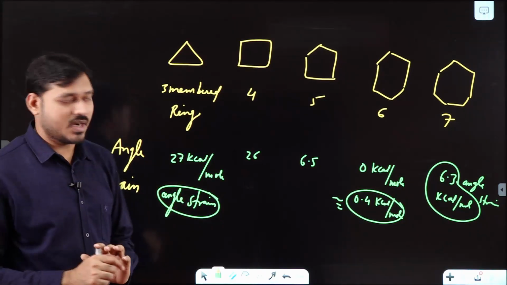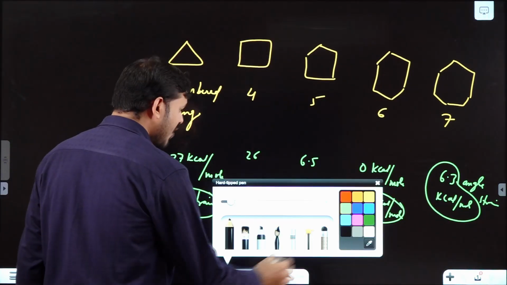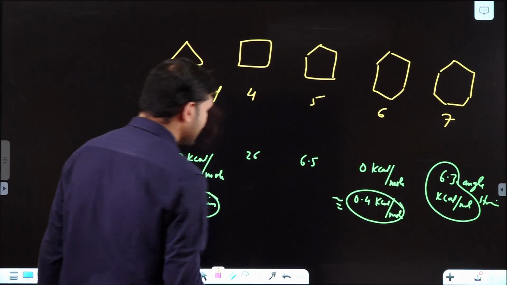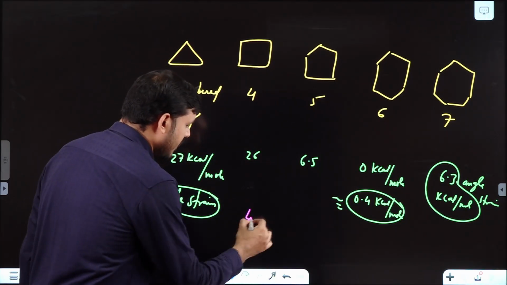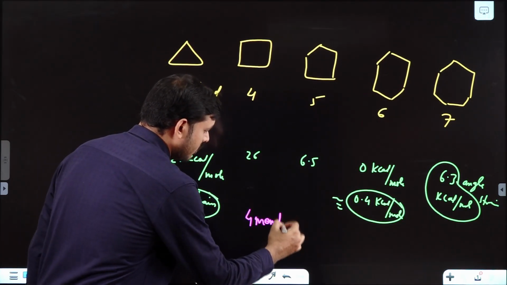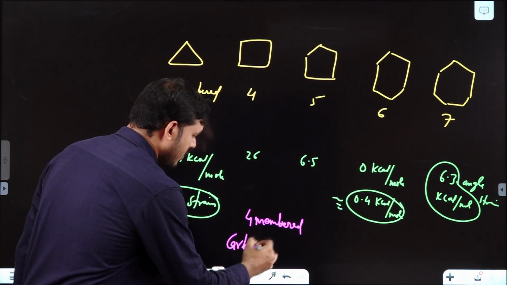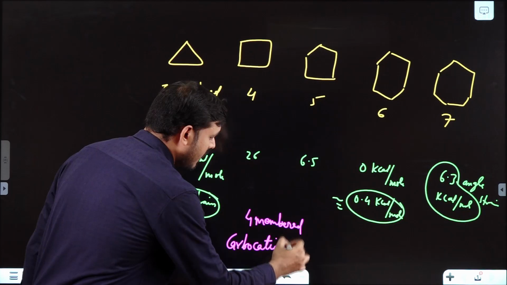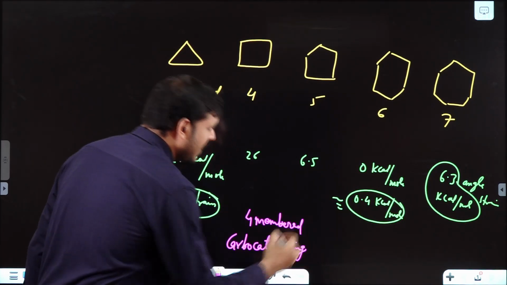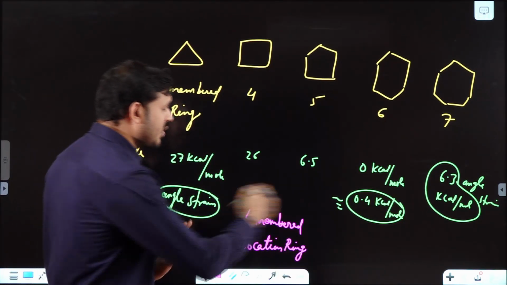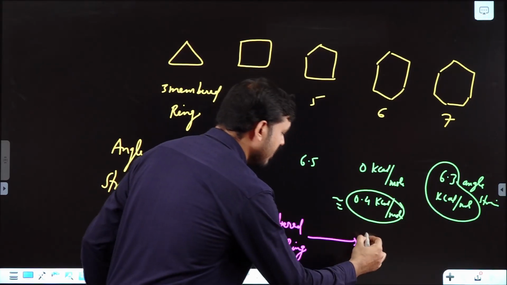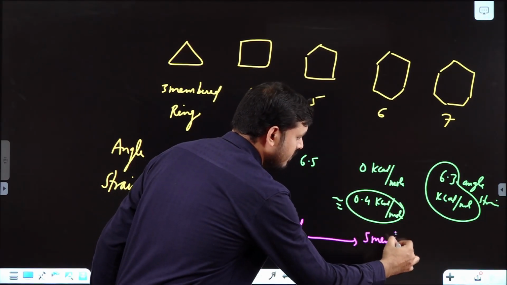is the most stable ring. So the question arises, suppose you are having a 4-membered carbocation ring. What will be the tendency of this ring? To expand itself to make a 5-membered ring.